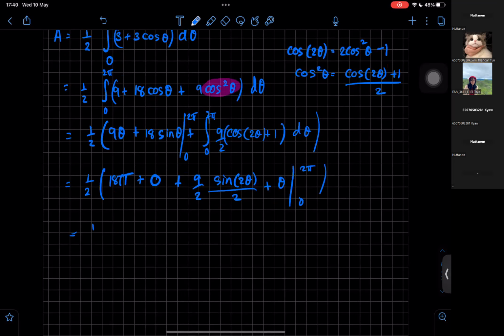Okay, and this thing will be 9 pi plus 9 over 8 times the sine term, which gives 0 for this one, and for the other one I get 2 pi, so we get 9/2 pi.